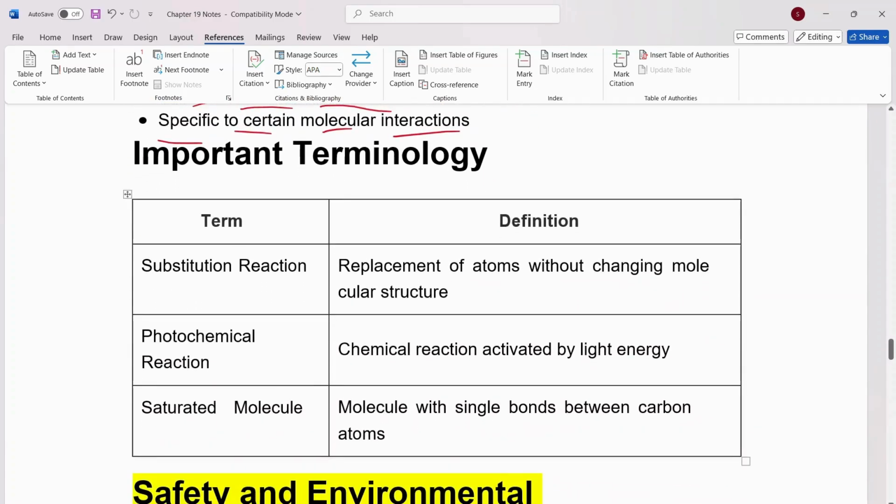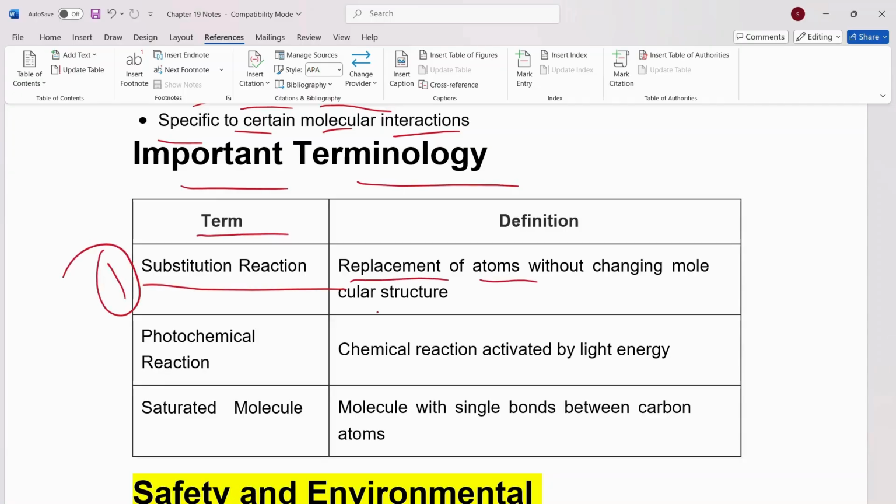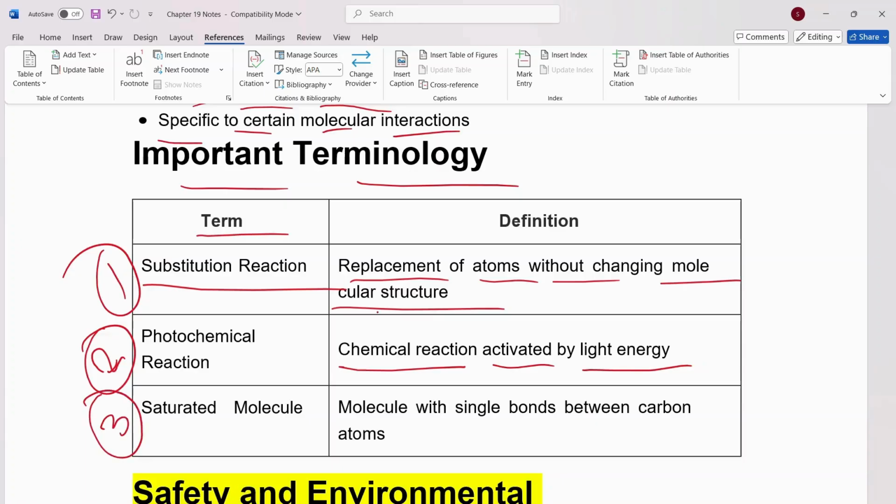Some important terminologies for you to learn from an examination perspective. Number one, substitution reaction: replacement of atoms without changing molecular structure. Then photochemical reactions: chemical reactions activated by light energy. Then we have saturated molecule: single bonds between carbon atoms.